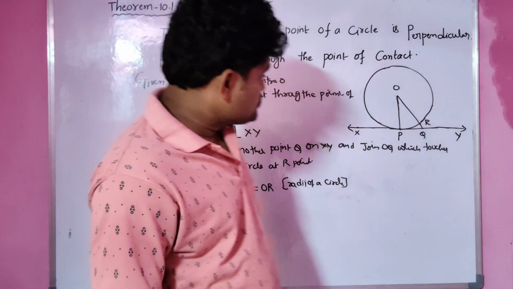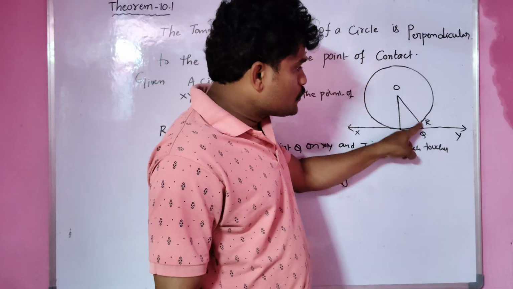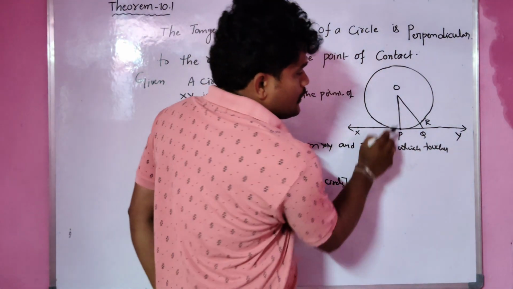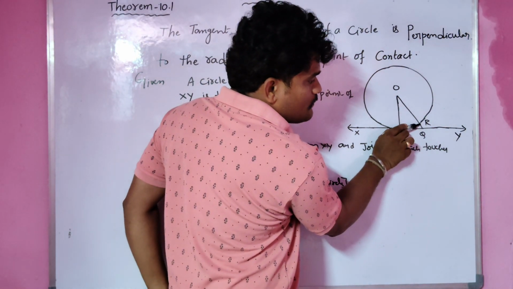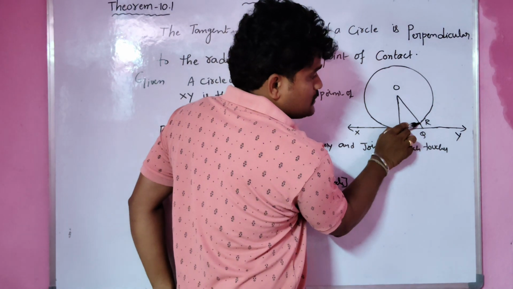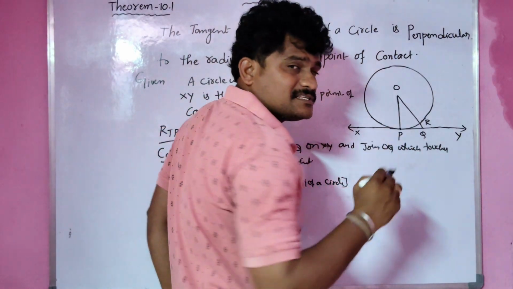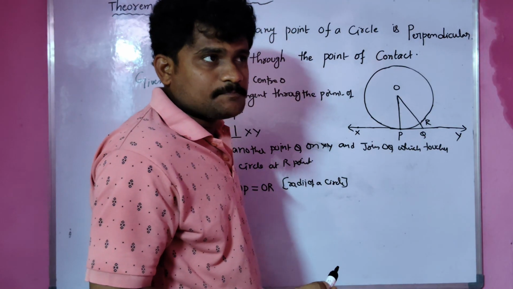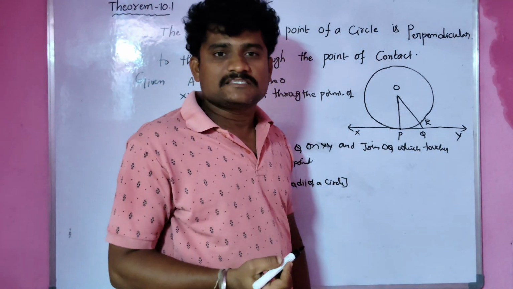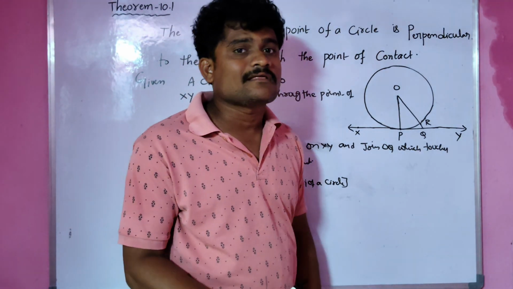And if you observe, we have the line segment OQ, and in the middle of OQ we have point R. That means OQ is the total distance and OR is a part of it. As per the axiom, the whole is always greater than the part.